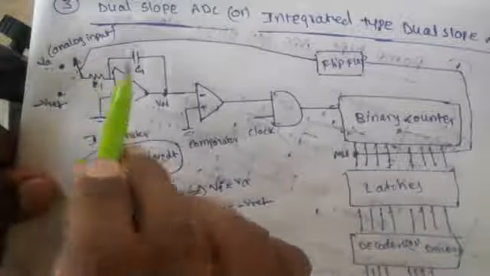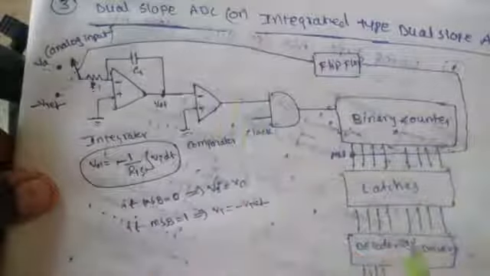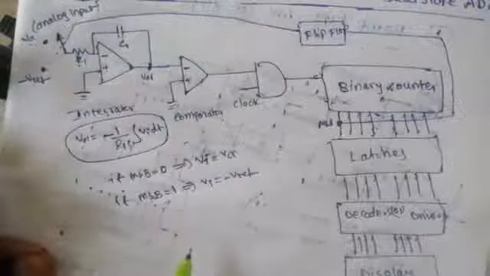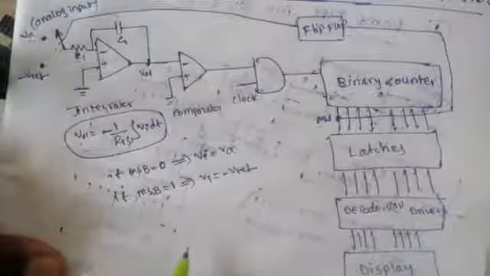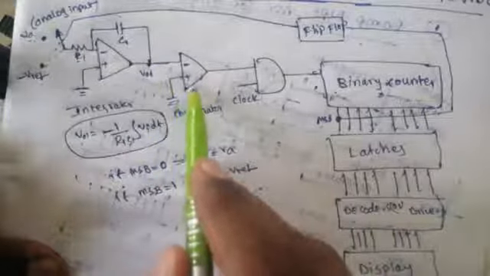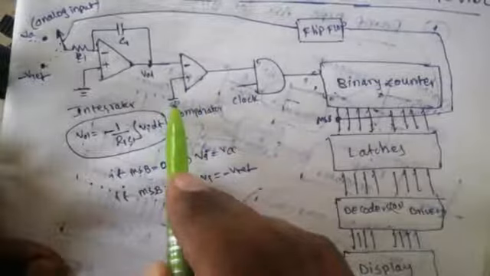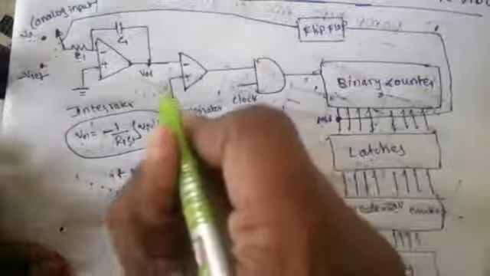Dual slope integrator type, we are connecting the integrator, and the remaining circuitry is the normal circuitry, the same as in the previous two cases. Here we have a comparator circuit. In that comparator, the non-inverting terminal will be connected to ground, meaning 0.